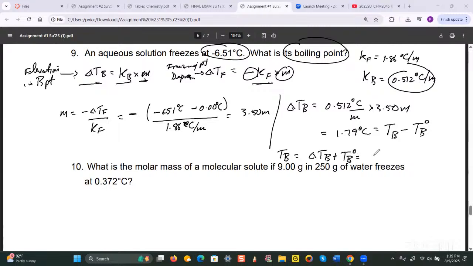So delta TB first is 1.79 degrees Celsius, plus the boiling point of the pure solvent, which is 100.00 degrees Celsius. So the final answer is going to be 101.79 degrees Celsius. And that's how that is done. Any questions about that? Any other questions?